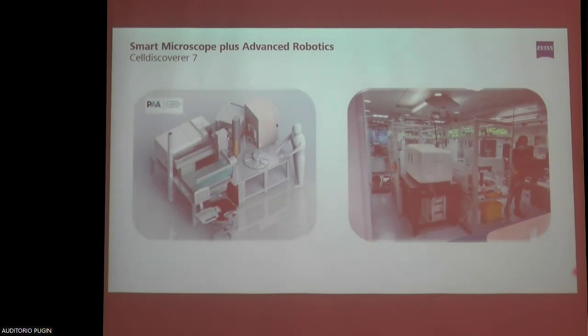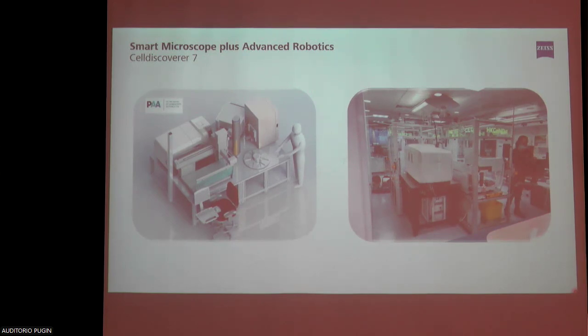We have a collaboration with a British company, PAA, and they provide robotic solutions. So this is just a microscope, but here's a robot, and there's an incubator, there's some washing street, there's a hotel where one can put some plates. And this is a real-life example where such a system is put into a completely automated imaging and staining street.